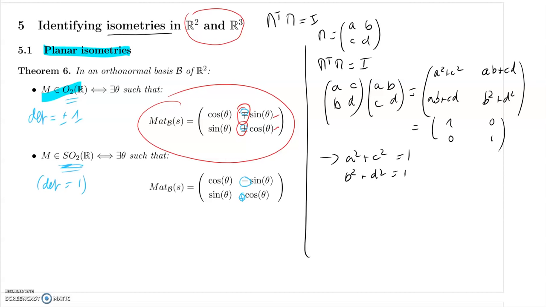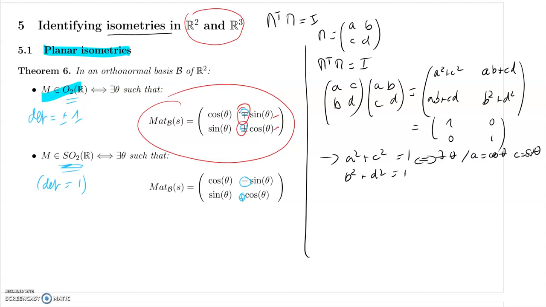So how can we interpret this? The sum of squares is equal to 1. That should remind you of the Pythagorean theorem. So I can interpret that by saying that there exists some angle theta such that A is the cosine of theta and C is the sine of theta.